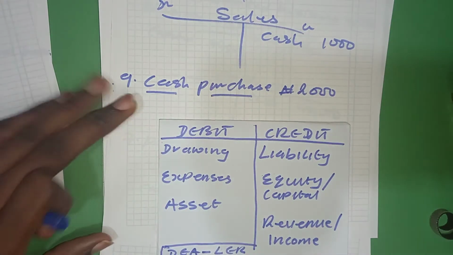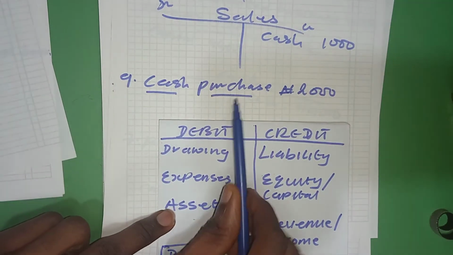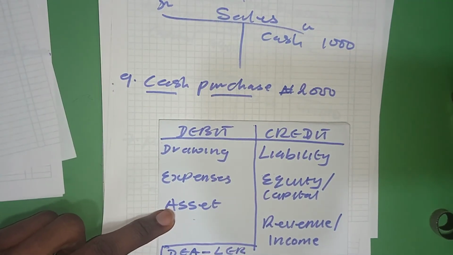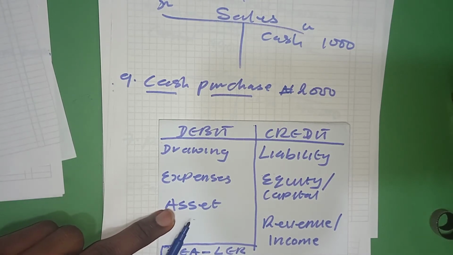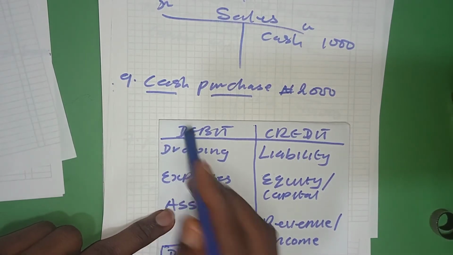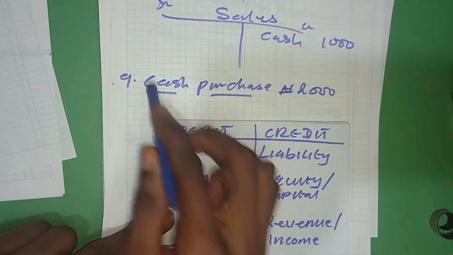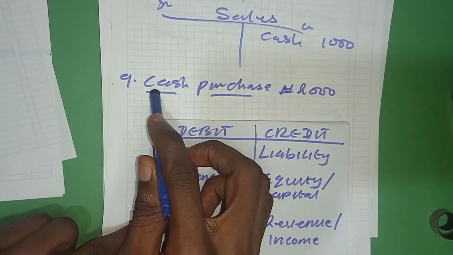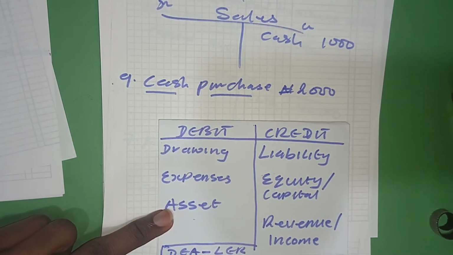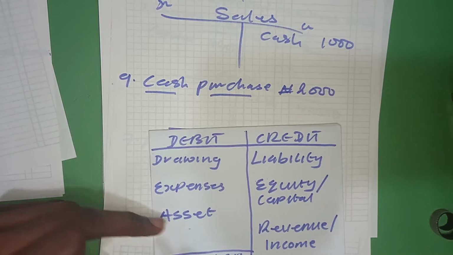Your cash is an asset. Your purchase is here. When you purchase, it will come down to assets also. Now listen. The cash originally ought to be an asset, but because it's going out to settle a liability, it's going out so that we can get our goods, our cash is reducing.